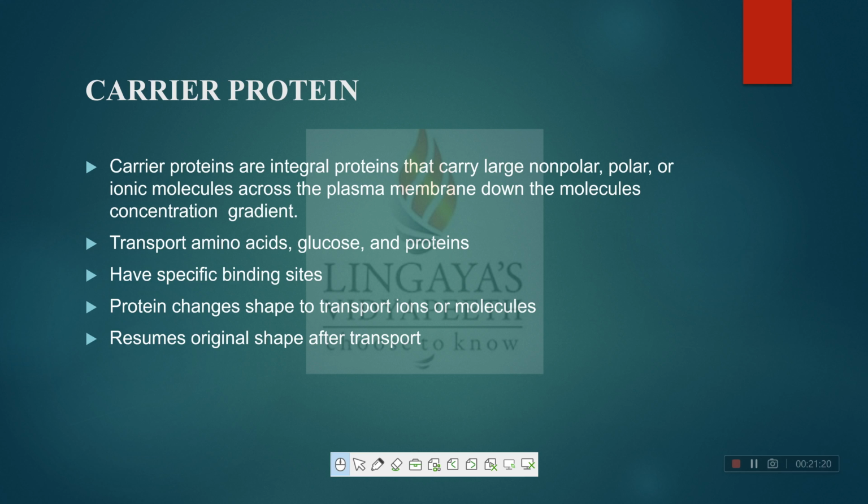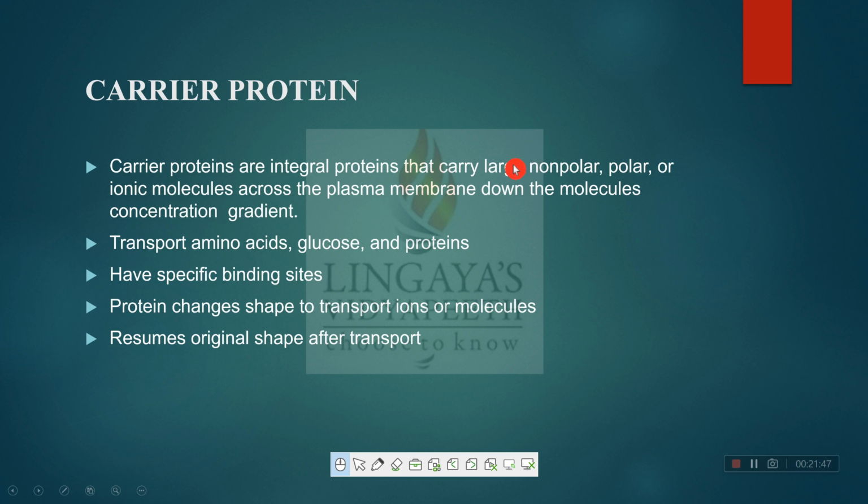Now talking about carrier proteins, because carrier proteins play a very important role in active or passive transport of molecules. Carrier proteins are integral proteins that carry large non-polar, polar or ionic molecules across the plasma membrane, down the molecules' concentration gradient.